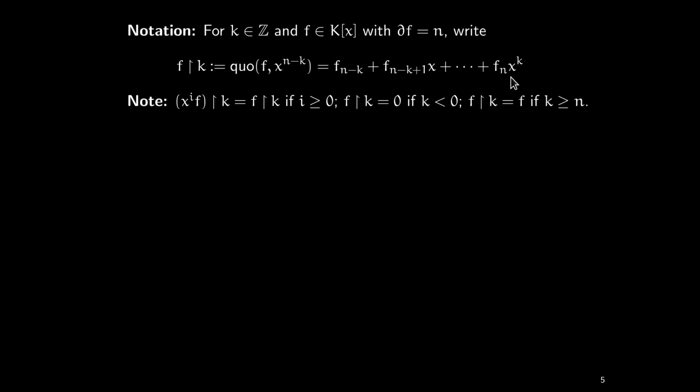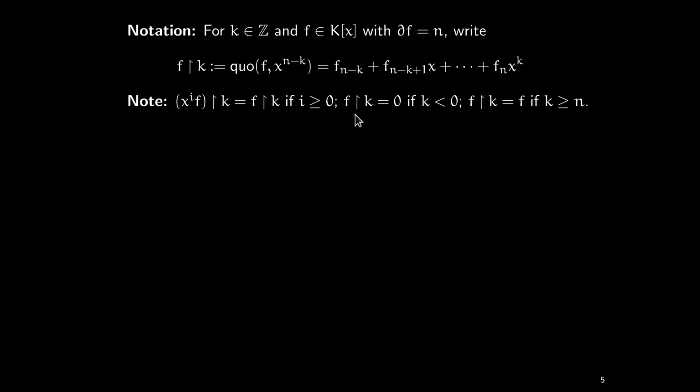If you shift it, it won't affect the coefficients, and this depends only on the highest order coefficients of f. So my chopping is ignorant with respect to multiplication by x to the i.